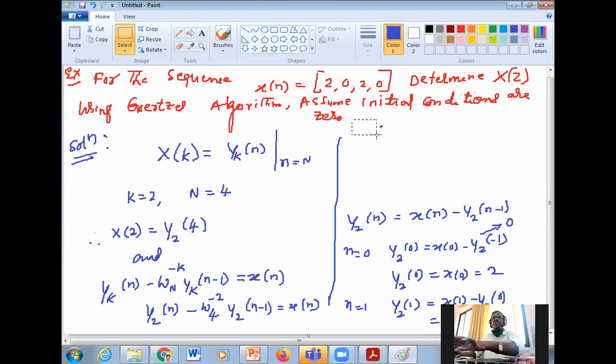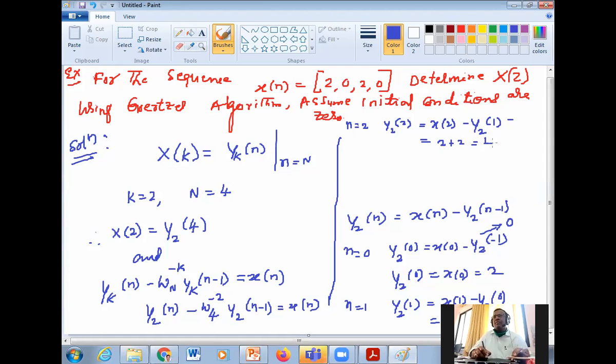At n equals 2, y2 of 2 is equal to x of 2 minus y2 of 1. X of 2 is again 2, and y2 of 1 is minus 2, so it becomes plus 2, which equals 4.